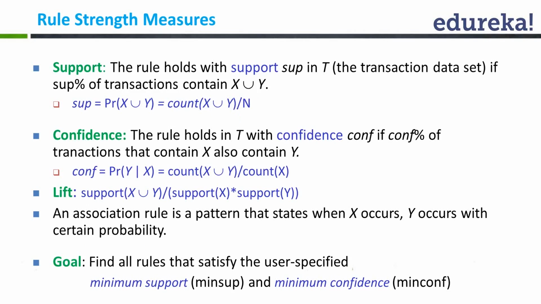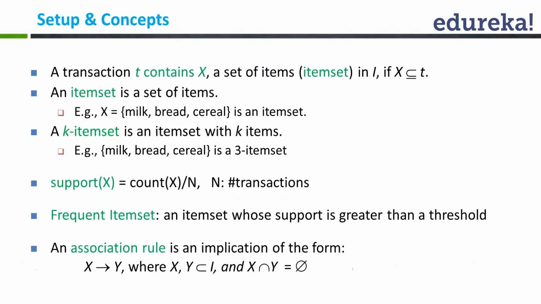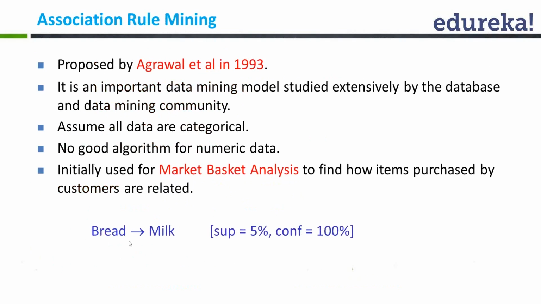If I have a Walmart database, let's say 10 million transactions by all the customers in my store. I take the count of X union Y, that means how many transactions contain both X and Y. So I see how many transactions contain both bread and milk together, count all those transactions, and divide by the total number of transactions. It's essentially the percentage of transactions.